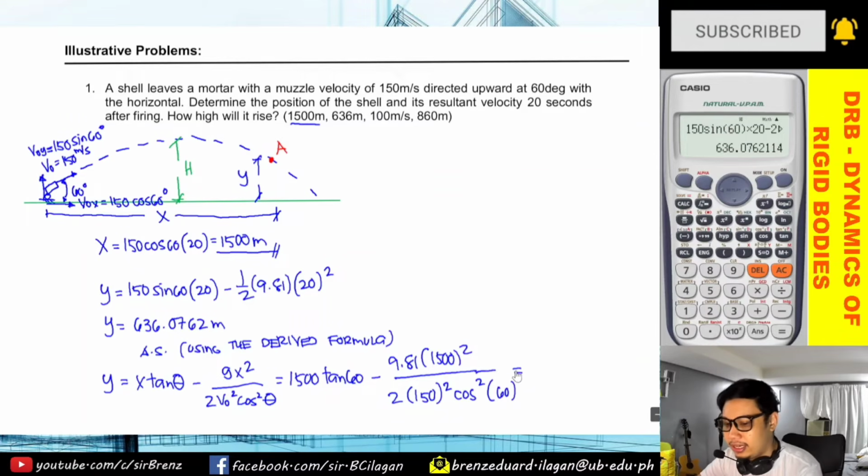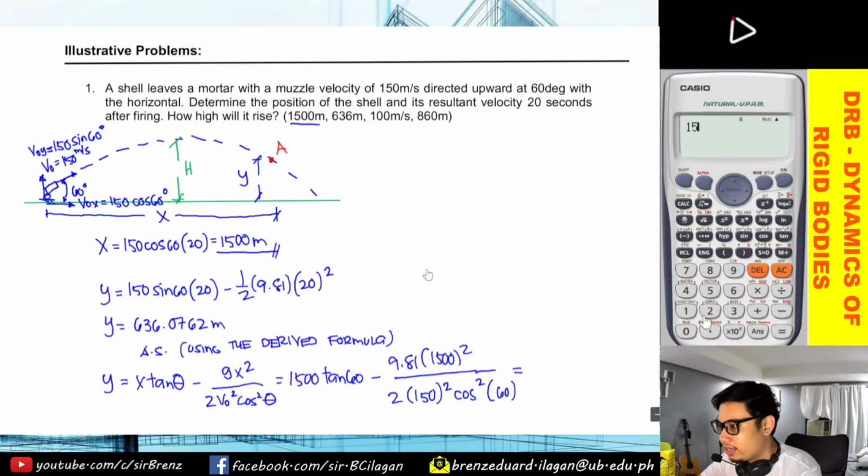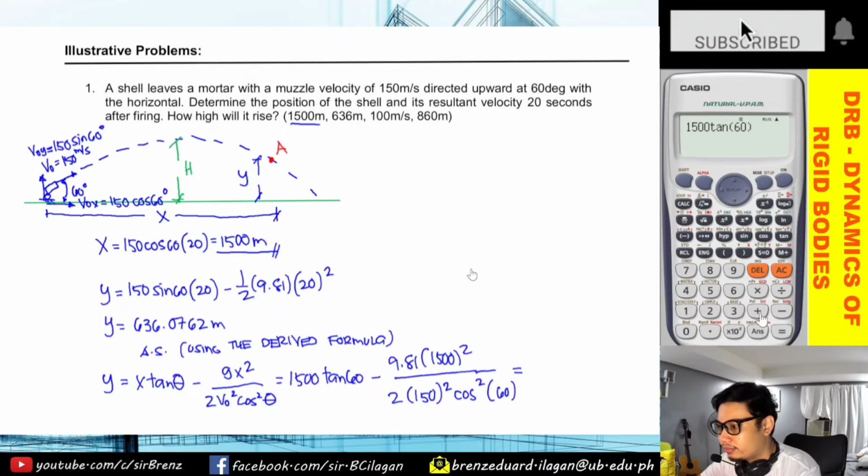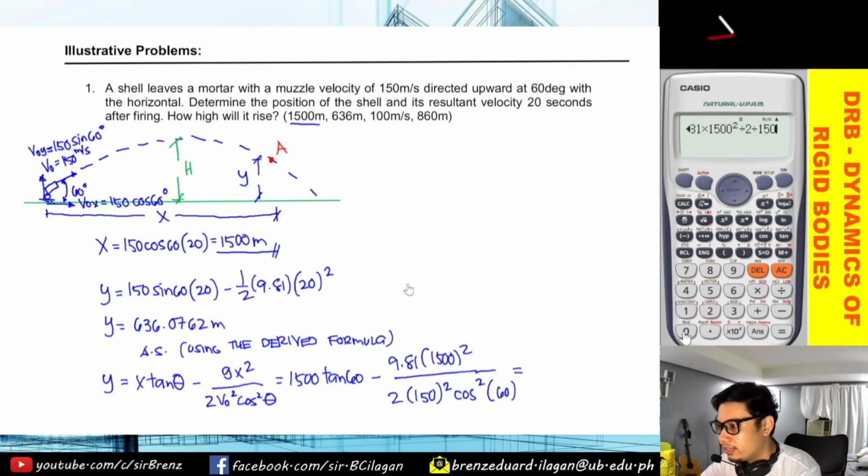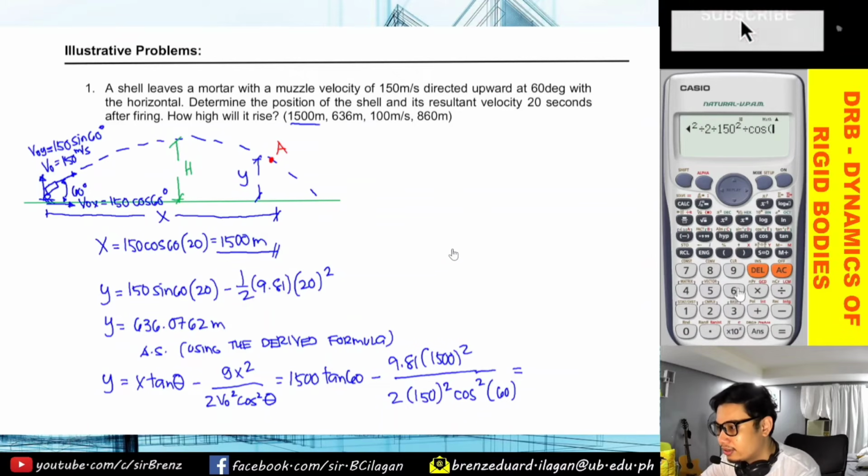So, verify lang natin guys. 1,500 tangent 60 and then minus 9.81 times 1,500 squared, divided by 2, divided by 150 squared, divided by cosine 60 squared.